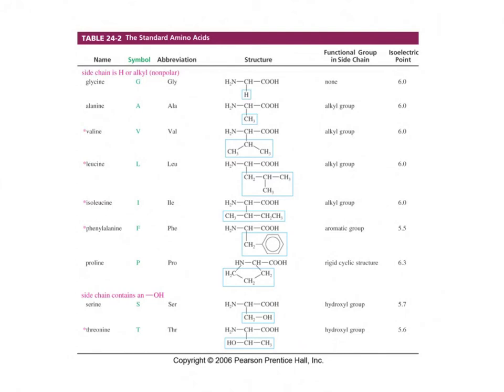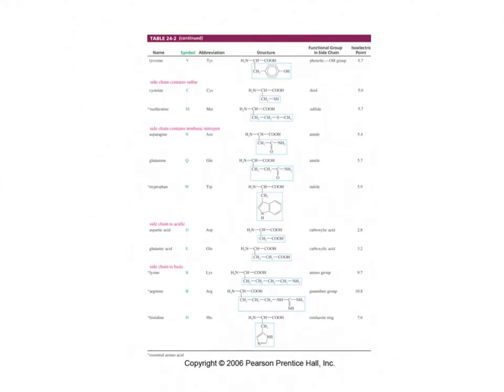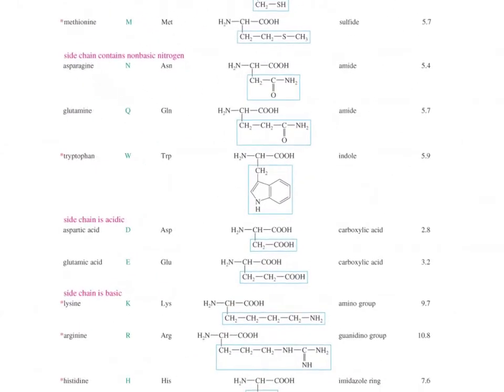All right, let's talk about the side chains. Let's go through our second list right here. You can see on the second list, and let's expand it up a little bit, there's some interesting things going on here. I told you the side chains will have another amine in them.